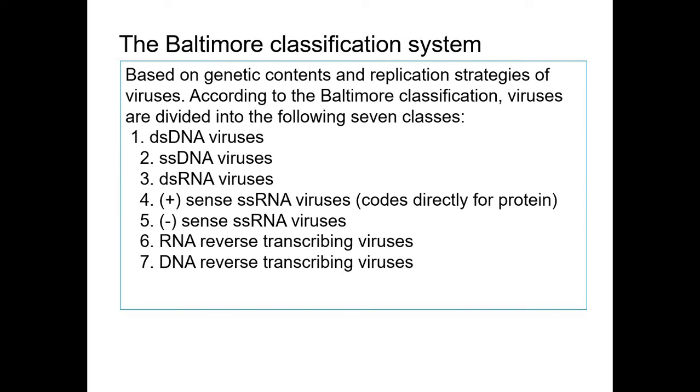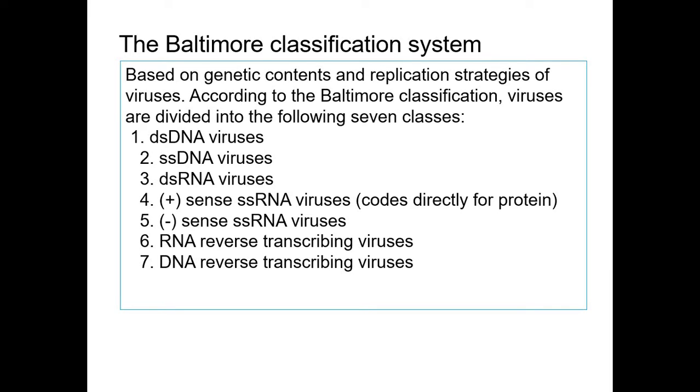The classification is the Baltimore classification system, based on the genetic content and replication strategies of the viruses. According to the Baltimore classification, viruses are divided into seven classes: double stranded DNA viruses, single stranded DNA viruses, and double stranded RNA viruses.